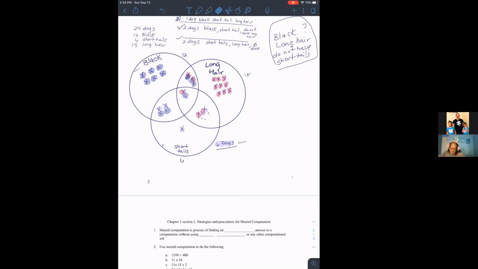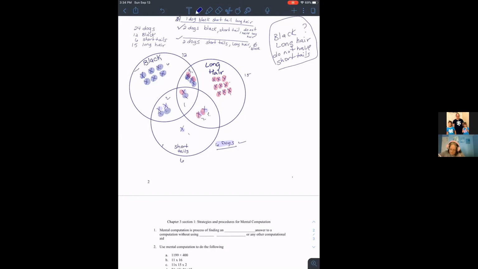All right, so now if you count them all up, all the total dogs everywhere. So we have 6 here, 3, 1, and 2. So 6, 7, 8, 9, 10, 11, 12. There's 12 in that, plus 1, 2, 3, 4, 5, 6, 7, 8, 9 long hair, 9, 10, 11.